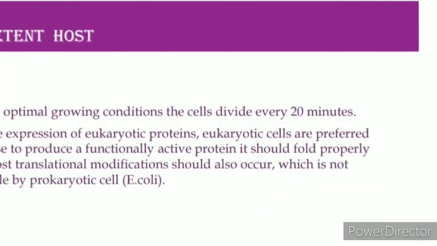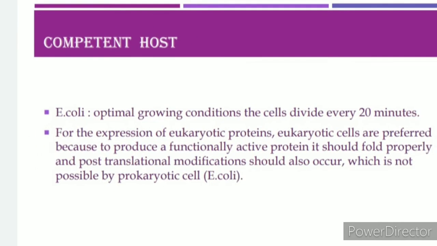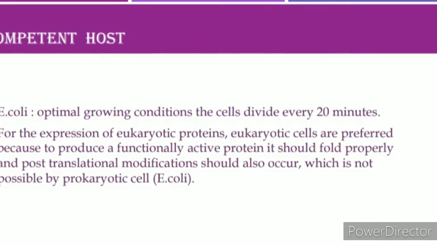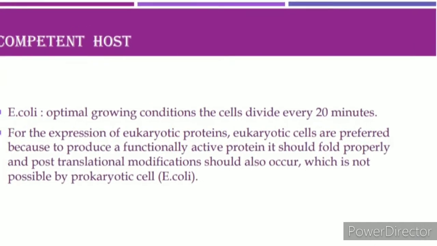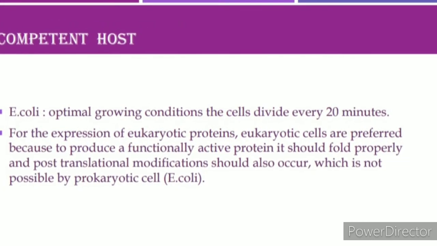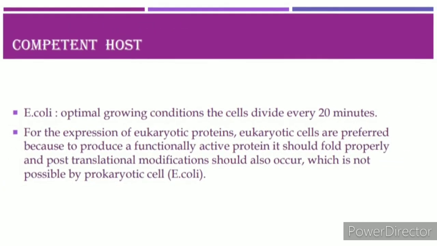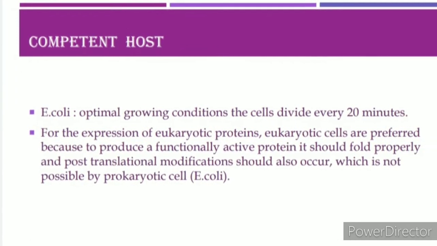Next one is the competent host for transformation with recombinant DNA. The propagation of recombinant DNA molecules must occur inside a living system or host. Many types of host cells are available for gene cloning, which include E. coli, yeast, and animal or plant cells. The type of host cell depends upon the cloning experiment.